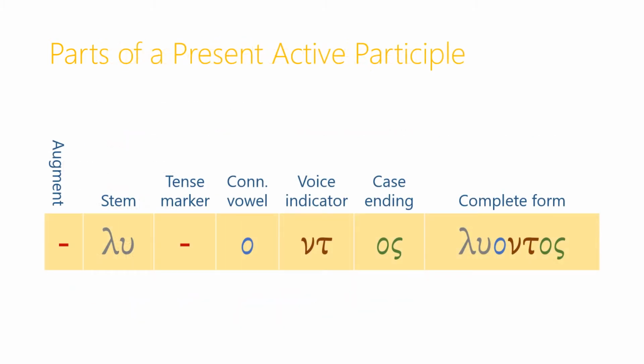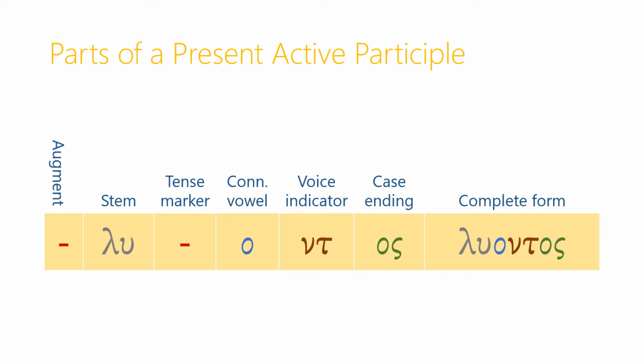Here are the parts of a present active participle, and this should be fairly familiar to you if you remember the parts of an aorist participle. Here we don't have an augment, not just because we're in the present tense, but also because we're outside the indicative mood. We have our present stem, lu, from luo. With the present, we have no tense marker, and the connecting vowel is an omicron.